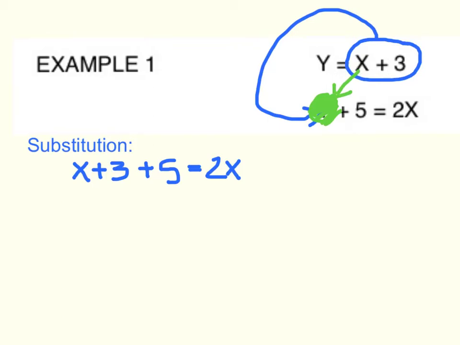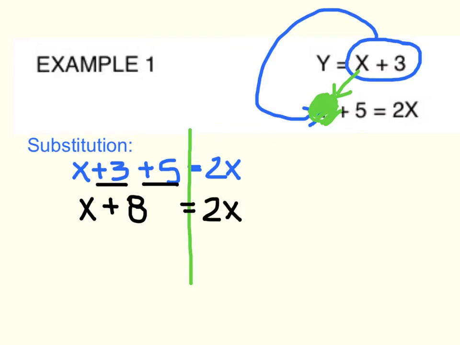Now this is basically solving because now I only have one variable. So I'm going to put a line down my equal sign. I notice that I have a 3 and a 5, which I know I can combine like terms. So we get x plus 8 equals 2x. Now I notice that I have variables on both sides and they're the same, so I have to unite them together.